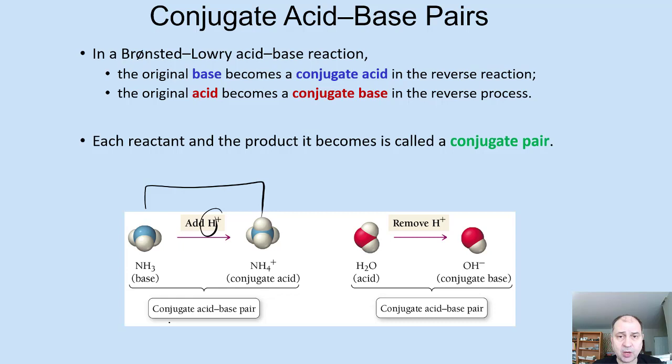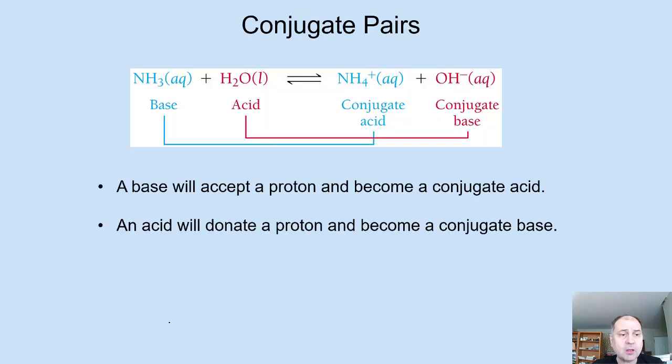It's actually a pretty simple concept. So this is just the summary here, and color-coded. Ammonia turns into ammonium, becomes the conjugate acid. It's pretty straightforward by definition. So the base accepts the proton, becomes the conjugate acid.